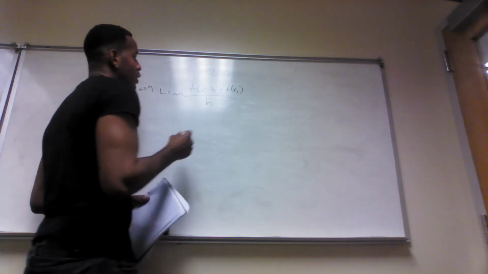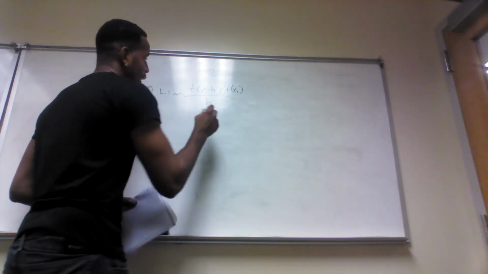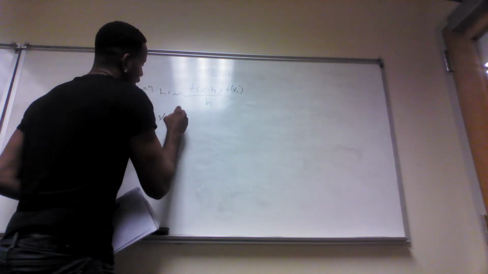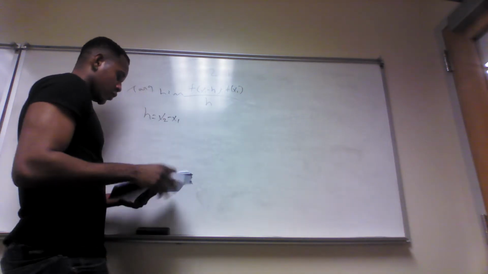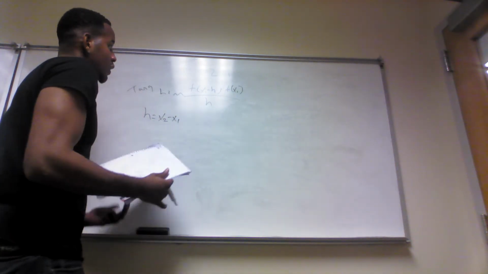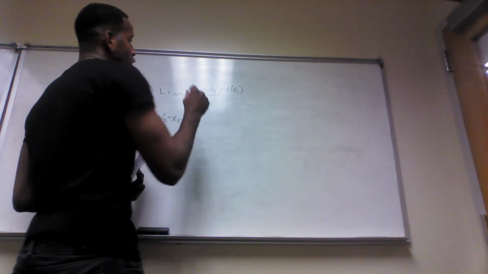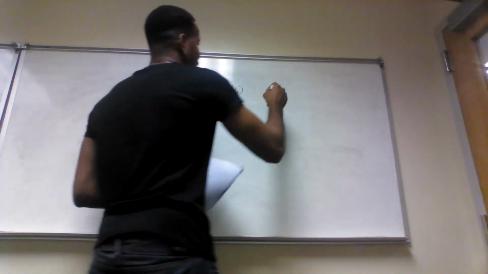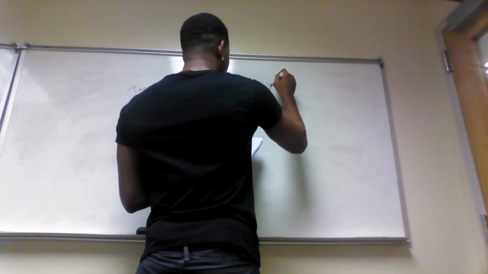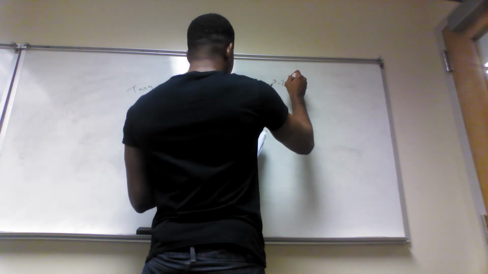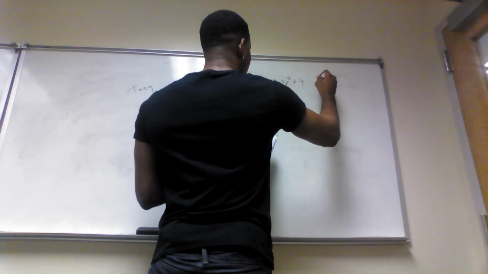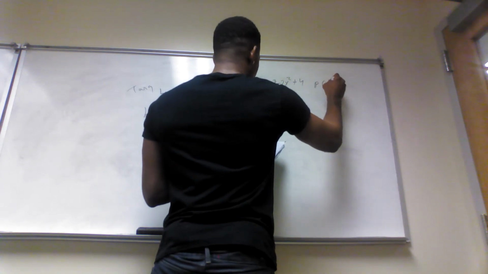Now we know h already because h is equivalent to x2 minus x1. An example of this: if we have an equation like this, y equals x cubed minus 2x squared plus 4, and you have the point of 3 and 13.